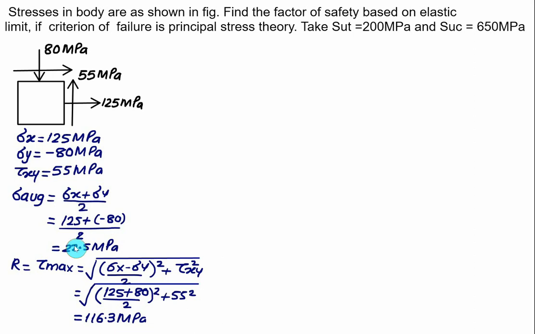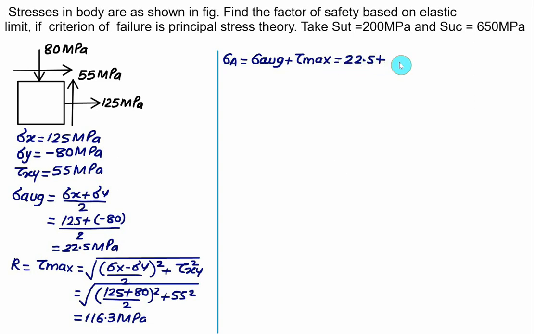Now sigma average is a positive value here, as well as tau max, so we have plus minus 116.3. If you take the two positive values, you will get the maximum principal stress that we assign as sigma A, and one positive, one negative, we assign as the second principal stress sigma B. Whichever is the maximum will be sigma A. This time both are positive, hence we select sigma A equal to sigma average plus tau max, that is the radius. Sigma average equal to 22.5 and tau max equal to 116.35.